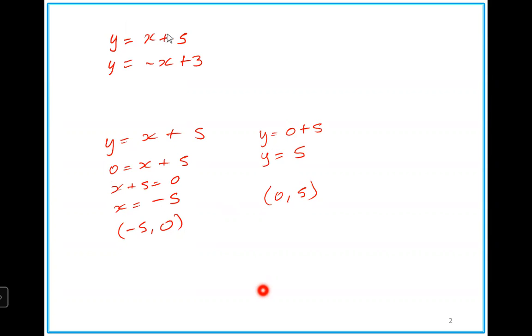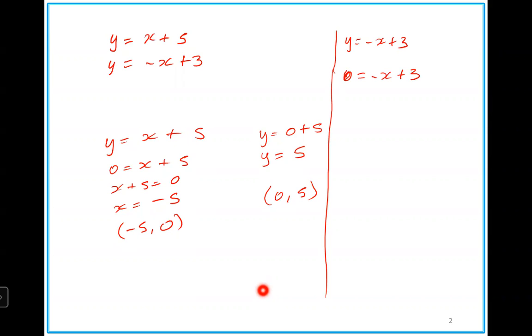Now, for the second equation, we do the same thing. Y equals negative x plus 3. So you could let y be 0. So if y is equal to 0, so 0 equals negative x plus 3.